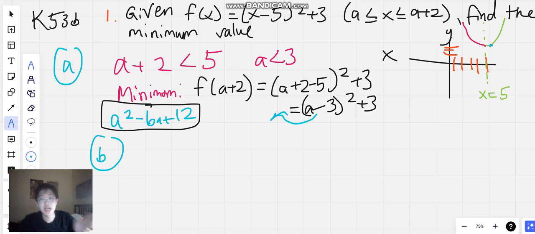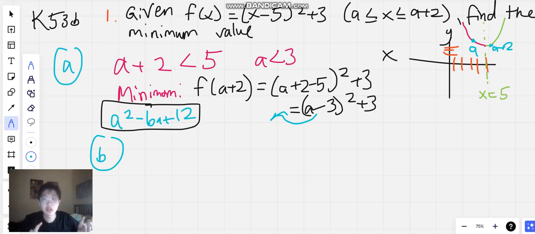So it's past x is equal to 5. It's on the right hand side of it. And a plus 2, a is here. So this is a plus 2. This is a. Now we can say that the minimum is at the vertex, right? It's a defined value. And we know that that holds true.